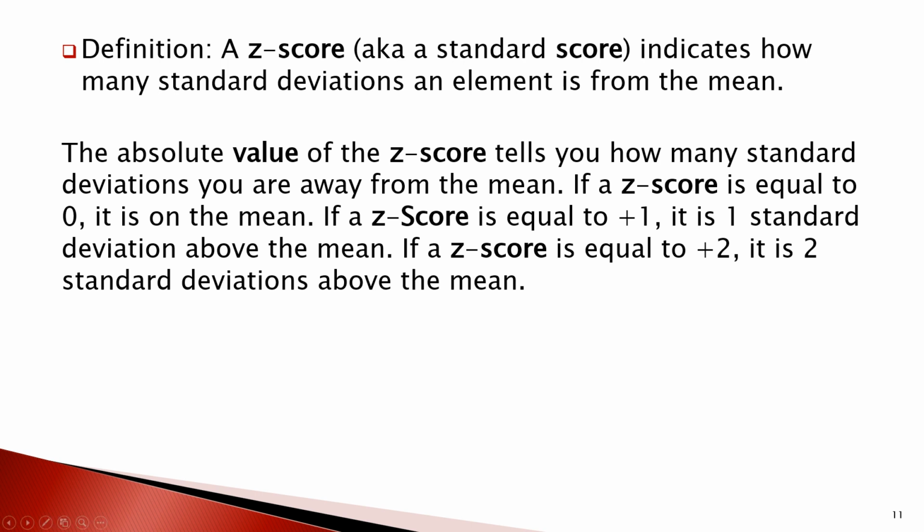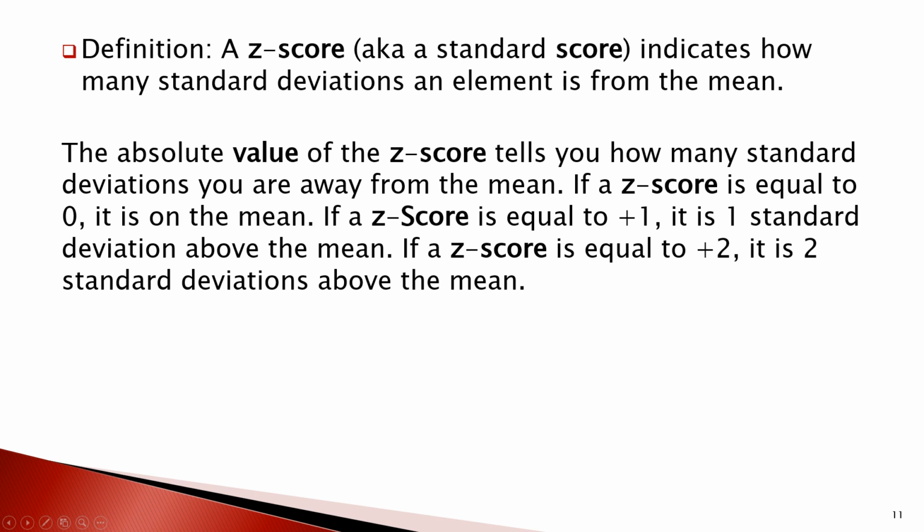So, for example, if your Z-score is 0, how do you interpret that? Well, we are 0 standard deviations away from the mean. That means we are on the mean. Okay, so Z-score 0 always corresponds to the mean. All right.